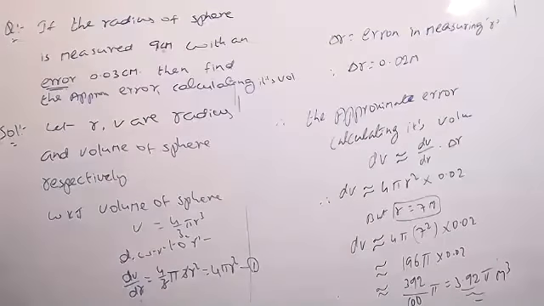Got the answer? Anyone got the answer for this one? Radius equals 9 centimeters and delta r equals 0.03 centimeters.